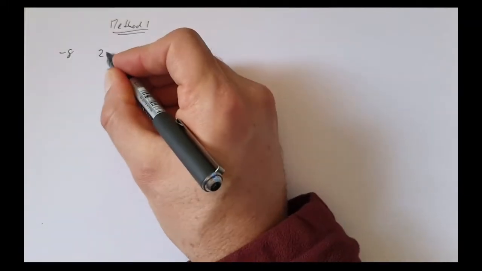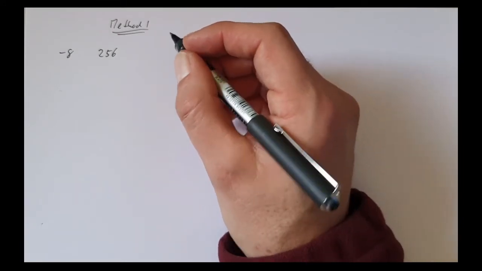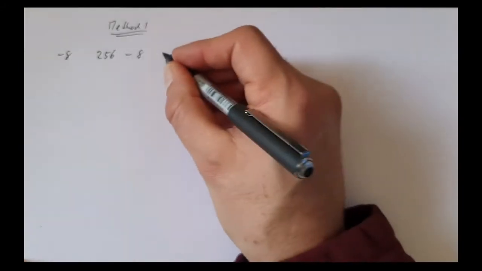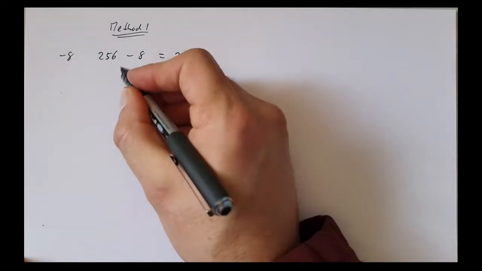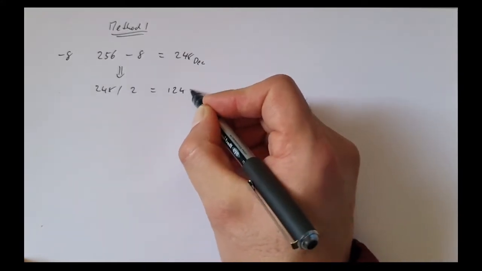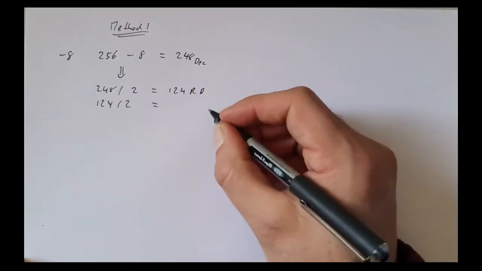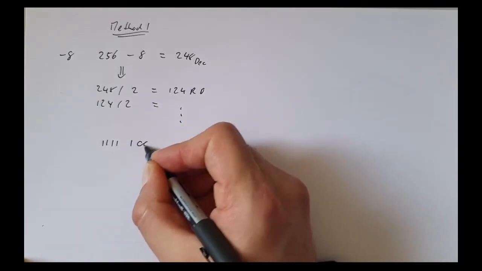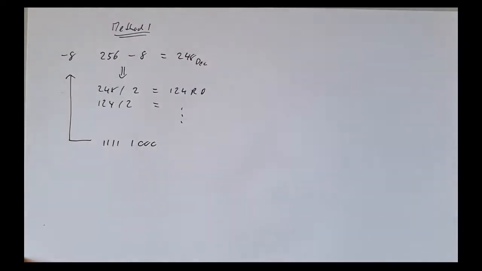You subtract the 8 from the 256, so you get 248 in decimal. Then you convert this to binary. So 248 divided by 2 equals 124 rest 0, 124 divided, and so on. What you will get at the end is this number, which is the two's complement for -8.